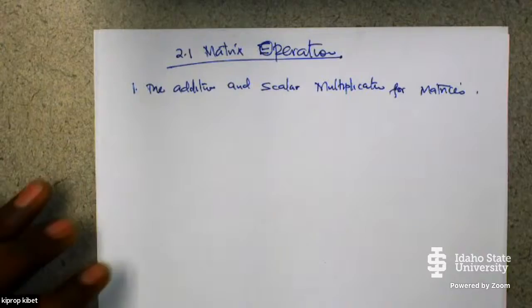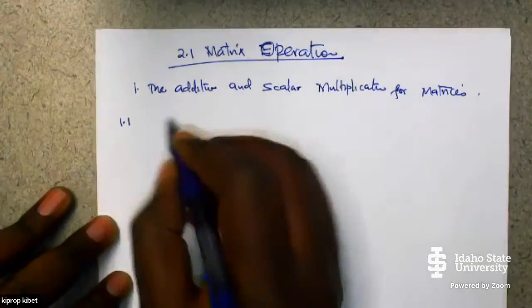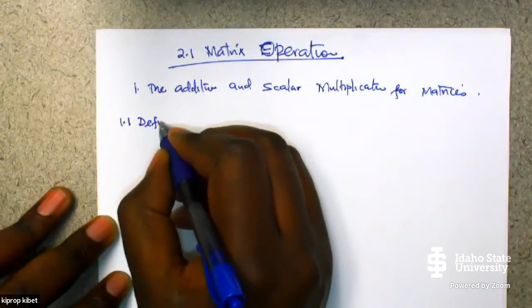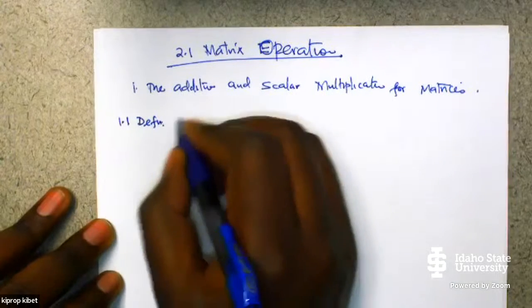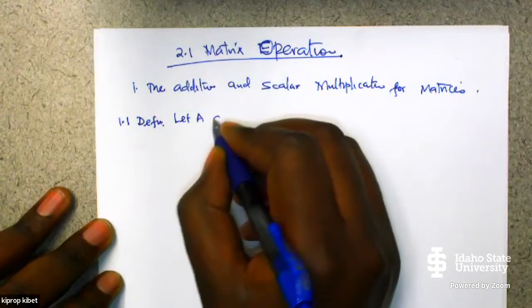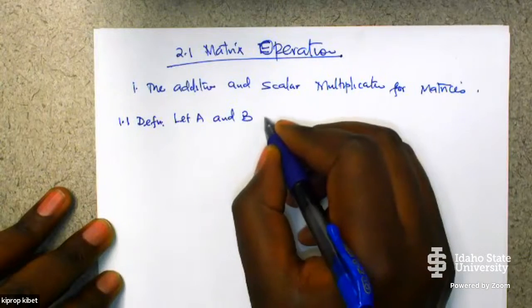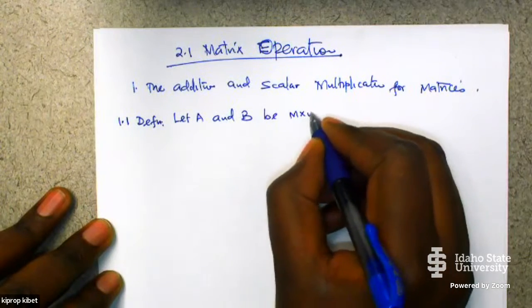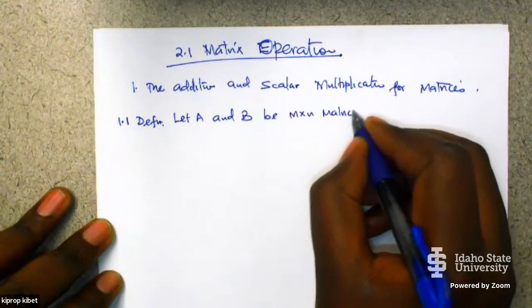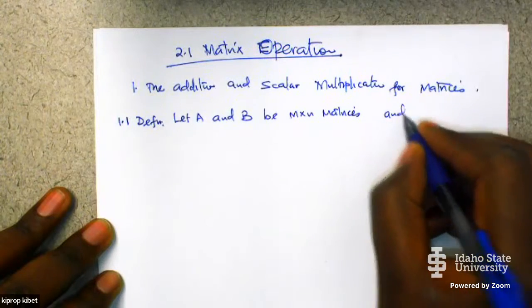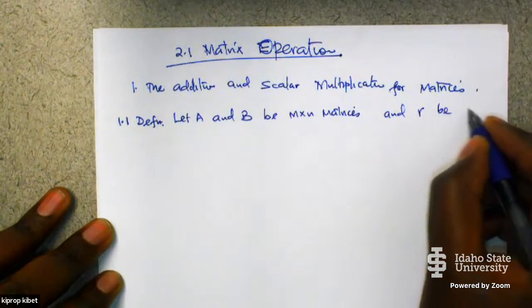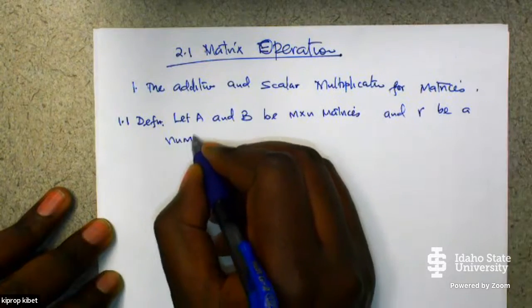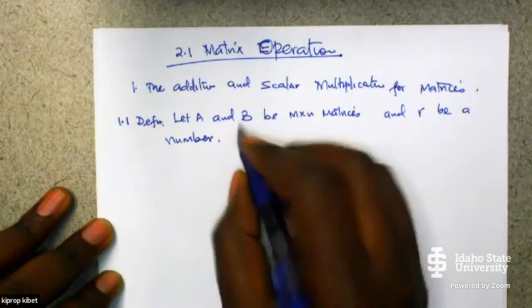Let's define something here. Definition: let A and B be M by N matrices, and R be a number, which can be a real number.